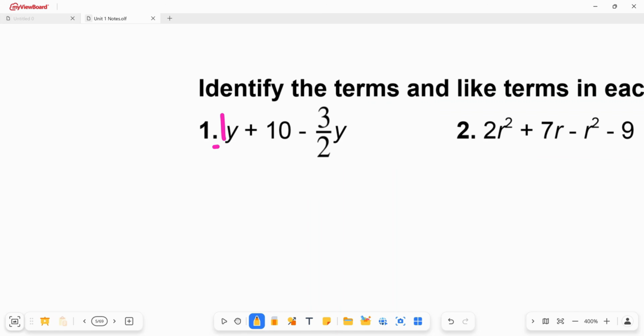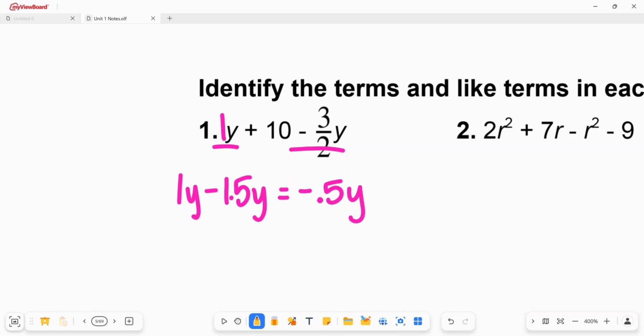I have a 1 in front of that y. So really what this is telling me is 1y minus 1.5y, or again, you could say 3 halves, but that is going to give me a negative 0.5y, okay, or negative 1 over 2. Again, fractions and decimals, and you're going to learn in this class, I don't care which ones you use.